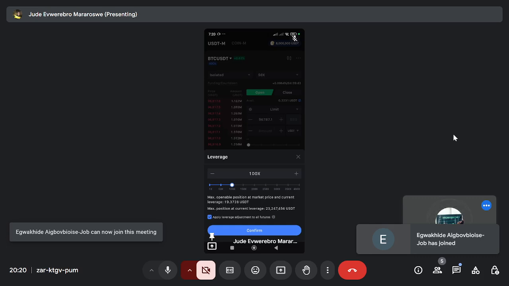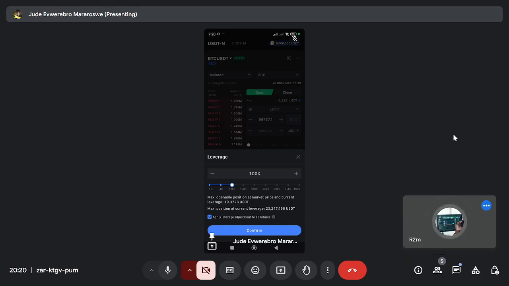The higher the amount they borrow you, the quicker your $10 will disappear from your account. They will liquidate your $10. They will chop your $10 quicker if the leverage is high, that is, if the amount that they are borrowing you is high. Do you understand? Yes, sir.